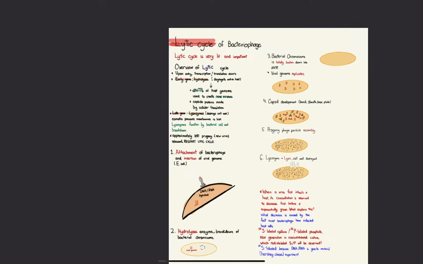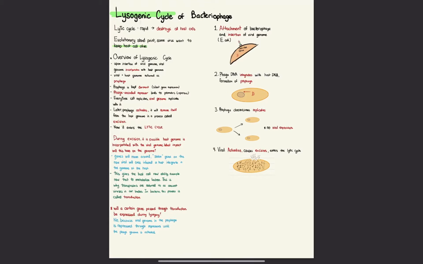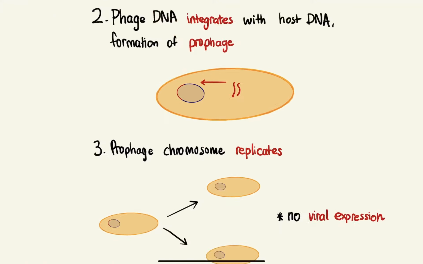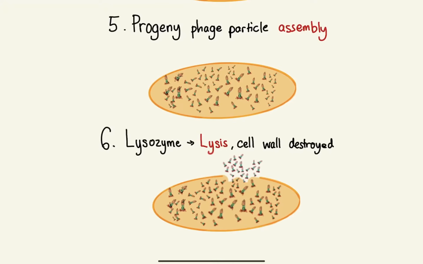But why are cells doing this in the first place, you might be asking. And the reason behind that is because if you think about it, the lytic cycle, upon infection, is destroying the entire host cell. And eventually the organism will have no host cells for the viruses to infect.